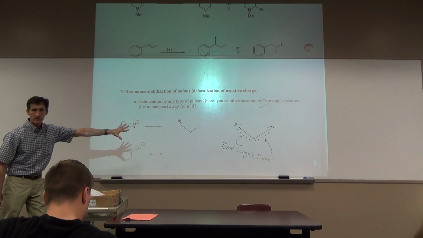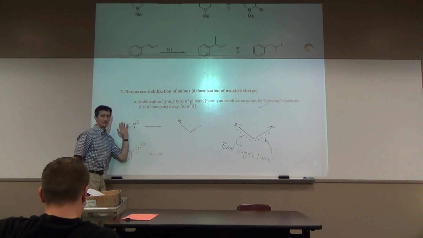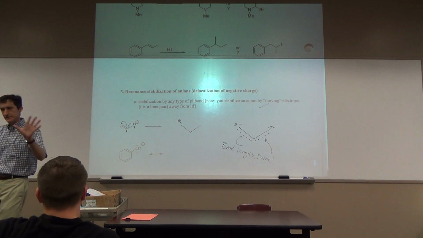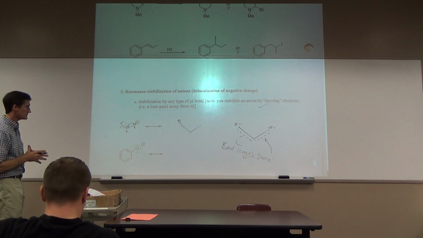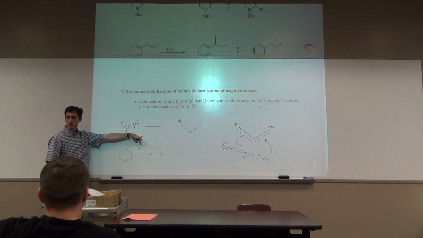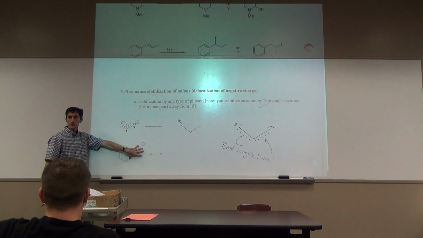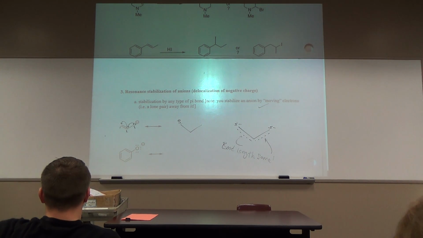This is some of the same stuff I tried to discuss on page 1, but it's easier to discuss here with these charged species because you can see differences a little easier than with the all neutral. What about this? This is the anion of phenol called phenoxide. It's more stable than a regular O anion. Why?